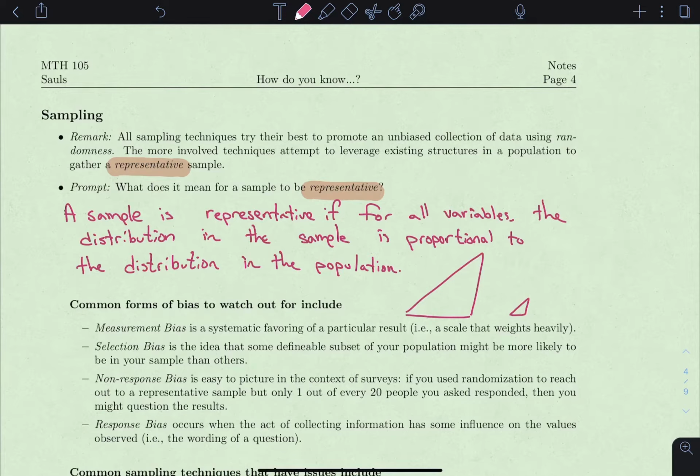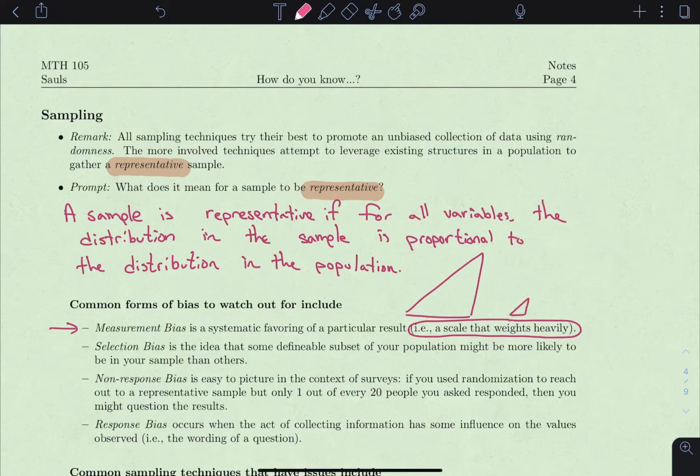So when you are sampling, something that you're trying to avoid is bias. And bias is the opposite of being representative. Bias in this case doesn't necessarily mean an individual's bias, like a personal prejudice. For example, the first one we have here, measurement bias, is a systematic favoring of a particular result. The example I have here is a scale that weighs heavily. That doesn't have anything to do with an individual prejudice, but it's still considered bias in the context of sampling.